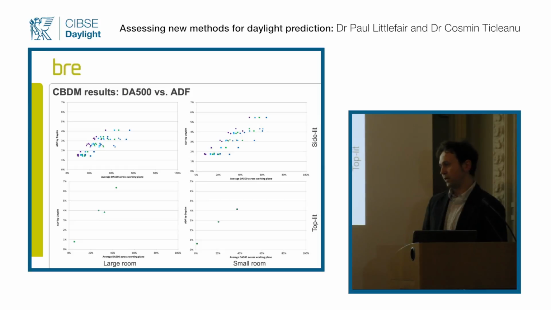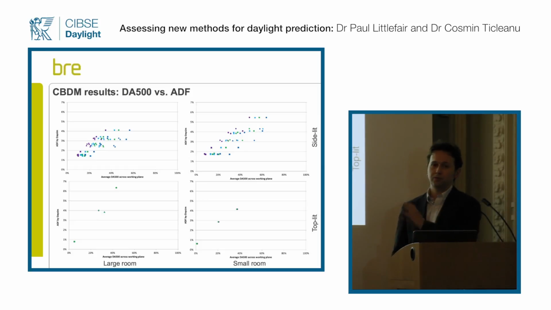Just to make this clear, these findings here refer to the scenario of an office application for the hours 8:30 to 5:30, and also for 500 lux maintained illuminance. This is what we're going to see in the next slide.